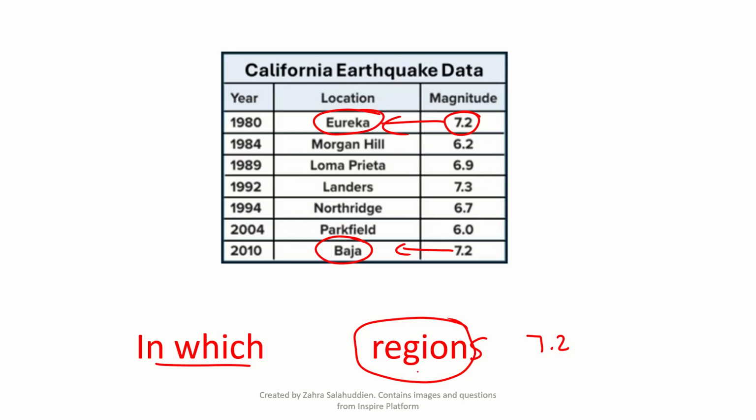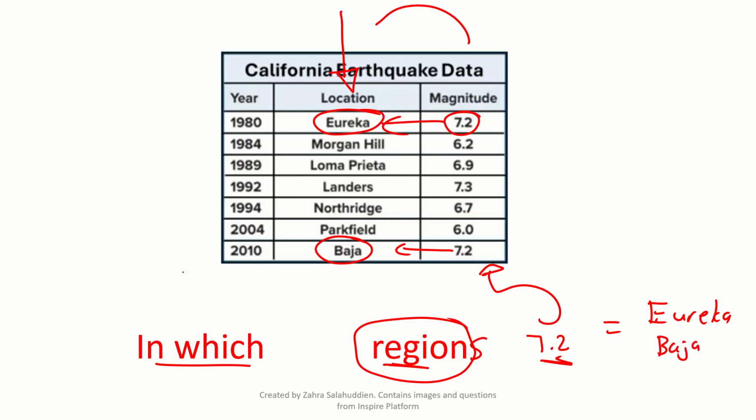So if they ask you in which region, we're going to look over here, is our answer. It's going to be a place. So first we will find the number. We will look over here. Once we have the number, we're going to go down here and find our place. And our answer will be the name of a place. Okay, so in which region, name of place. But if they ask me how many, it's going to be a number.